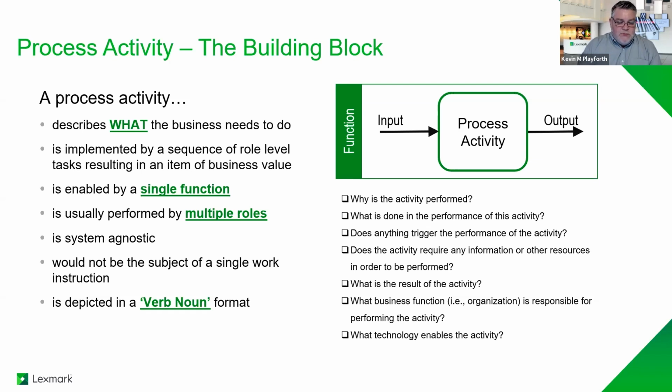So being system agnostic in our process activity definition gives us the ability to switch out solutions underneath without affecting our architecture. And we can actually do organizational change management much easier because we have a consistent, stable process activity that now has a current state solution and a future state solution. Very important concept when we think about this.